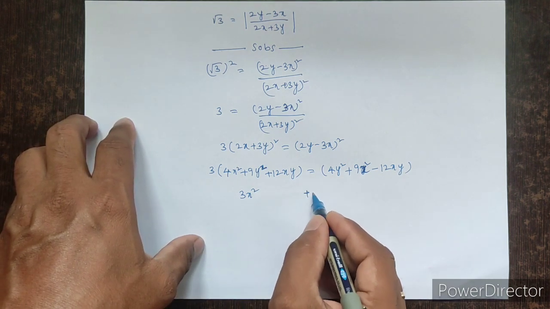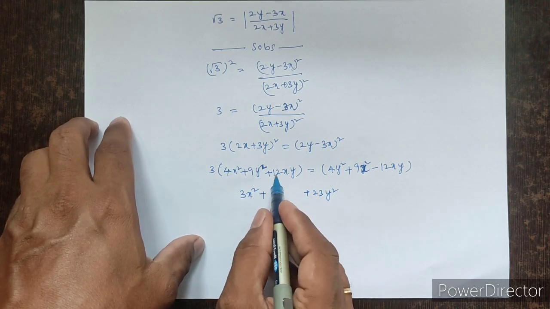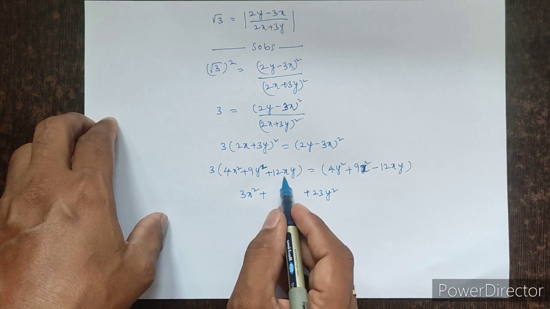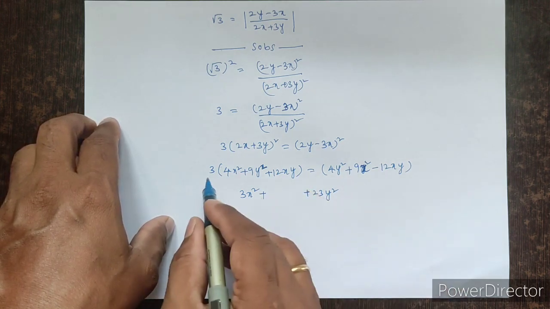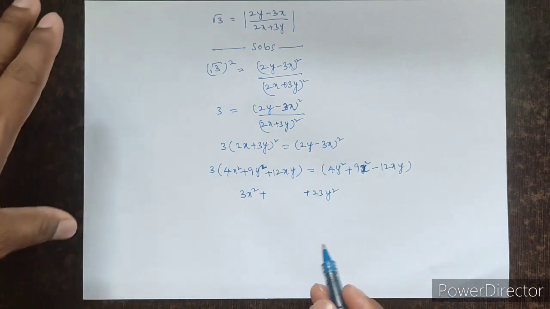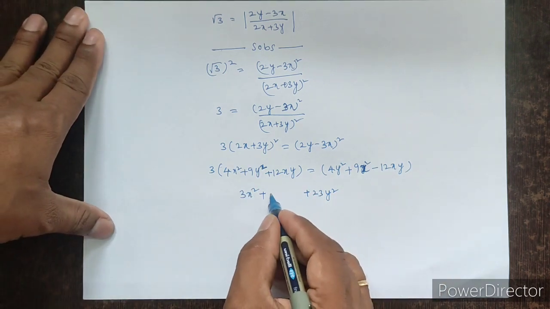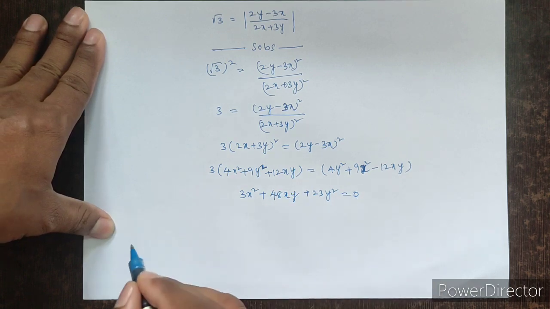Then 36xy, and minus 12xy brought to this side becomes plus 12xy. 36 plus 12 is 48xy equal to 0.